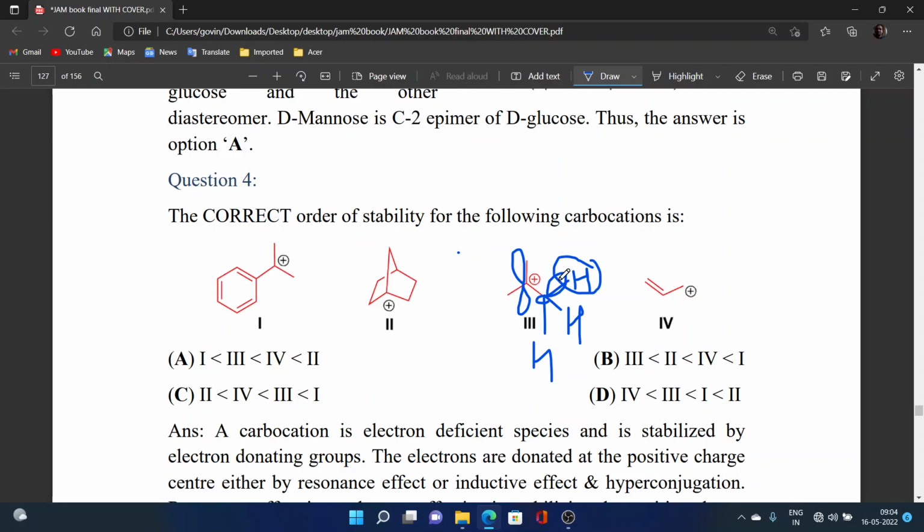Though you can see it's very far, the orbital is kind of a cloud, so they overlap a very little amount, and because of this overlap it gives a certain amount of electron density to this p orbital. So when it gives electron density to this p orbital, it becomes stable, and because of that it gains stability.